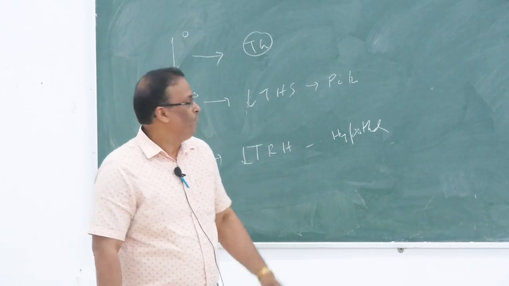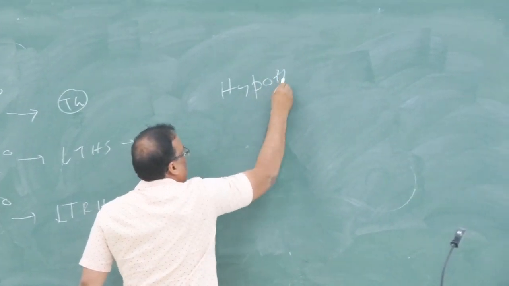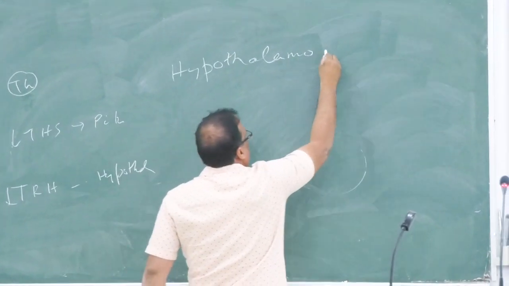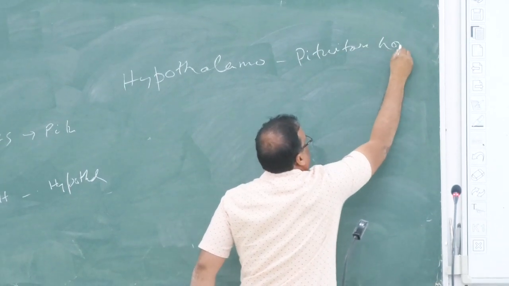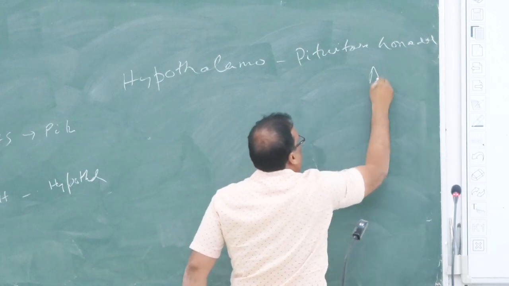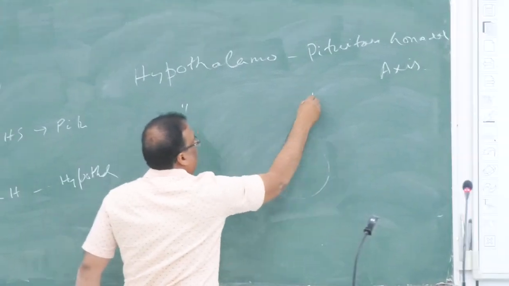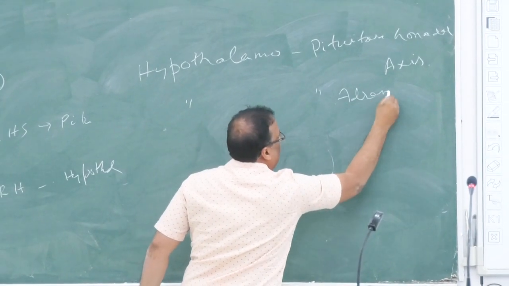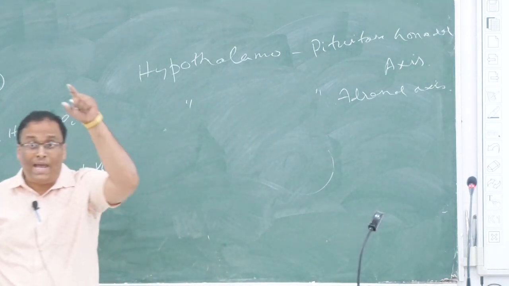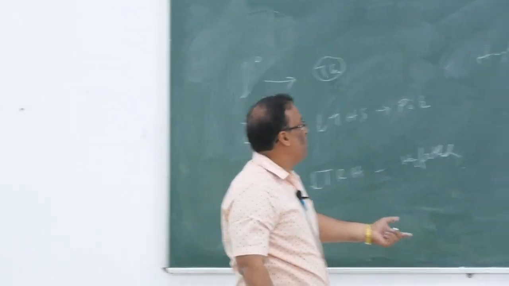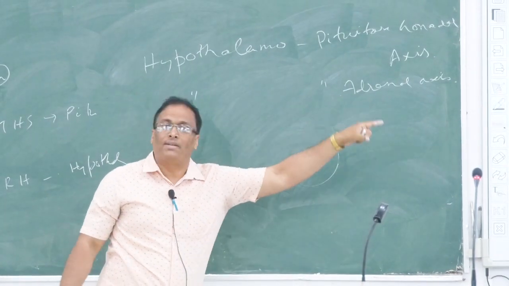That is, you remember, hypothalamo-pituitary-gonadal axis. In this way, the hypothalamo-pituitary-adrenal axis will also be there, and also the hypothalamo-pituitary-thyroid axis.